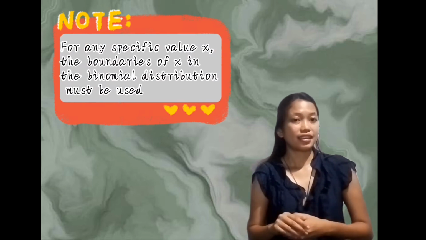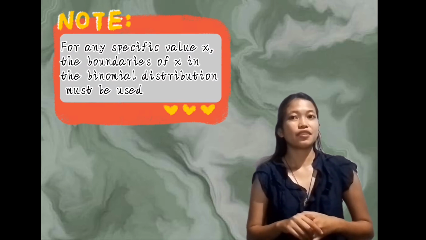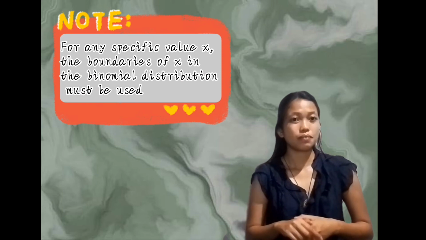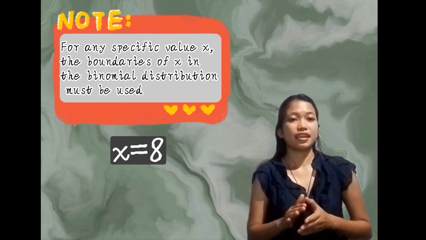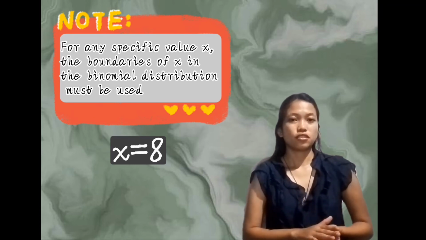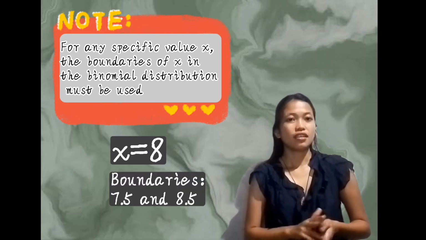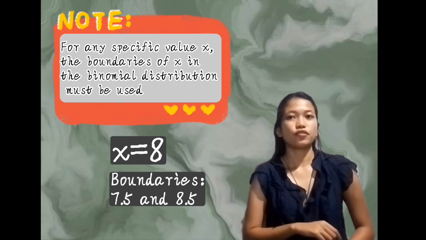The continuity correction is a correction employed when a continuous distribution is used to approximate a discrete distribution. The continuity correction means that for any specific value of x, boundaries of x in the binomial distribution must be used. For example, if our x is 8, then we should use its boundaries, which are 7.5 and 8.5.